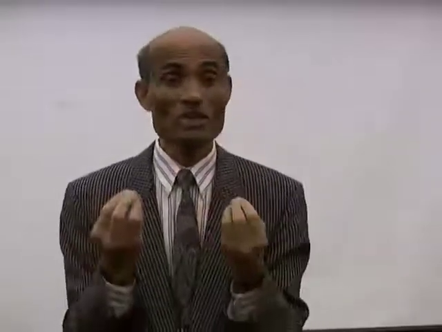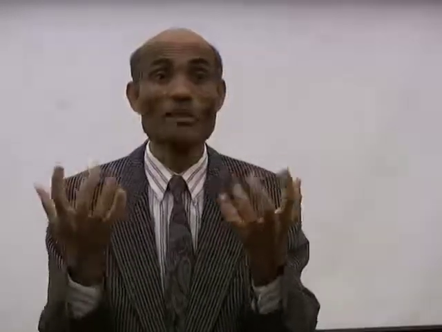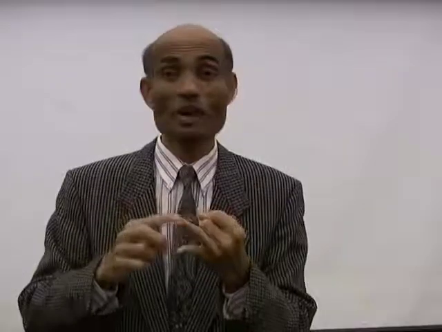So quantities that can be understood only by describing their magnitudes as well as direction are called vector quantities. What are some of the examples of vector quantities? Well, displacement is a vector quantity, velocity is a vector quantity, acceleration is a vector quantity.